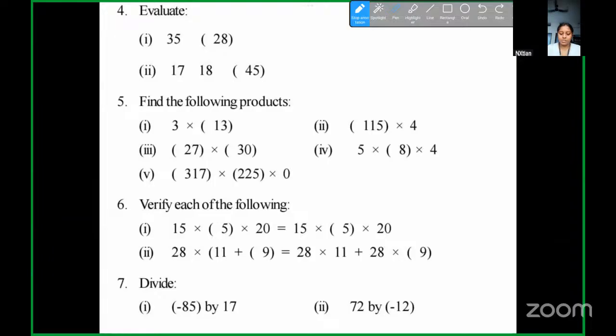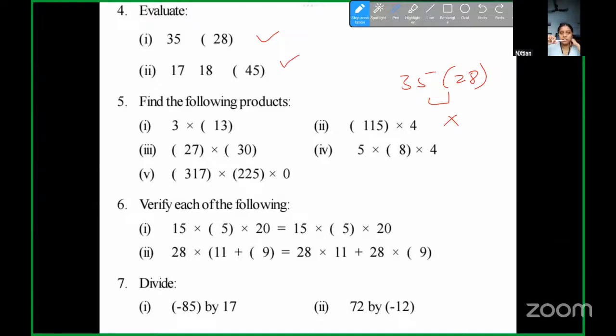Fourth and the fifth question. In this question, evaluate. The thing is that the signs are missing. So when it is like this, 35 and 28, that automatically means multiplication. You always have to assume multiplication. Something outside the bracket and something inside the bracket refers to multiplication.